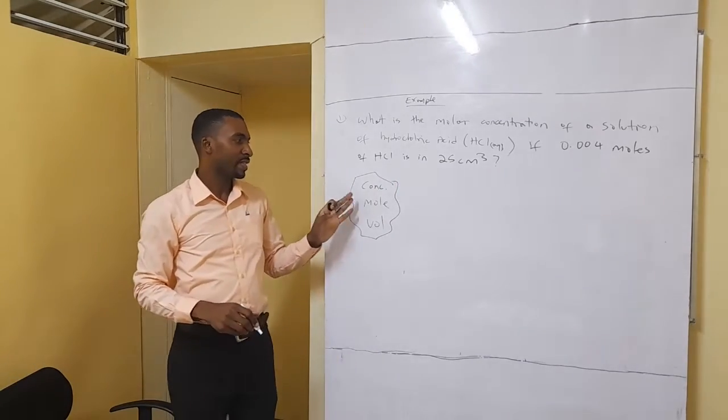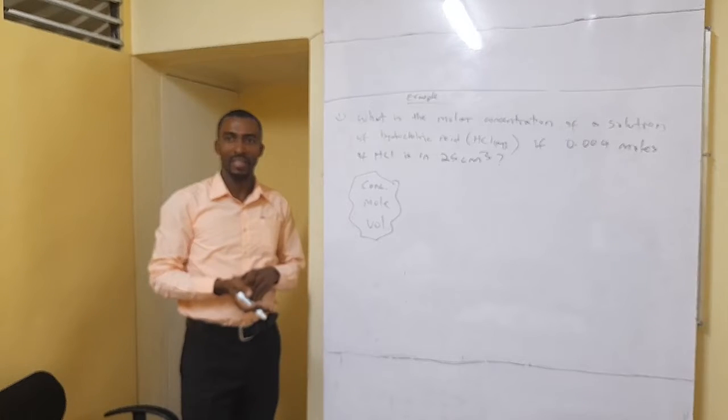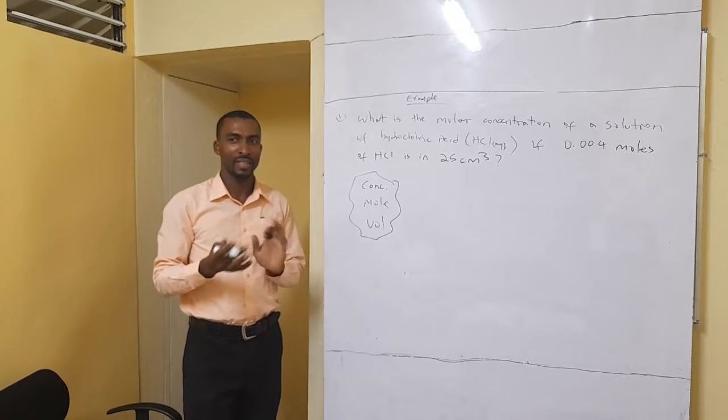What this is saying is that if we know two of these quantities, we can calculate the third one.